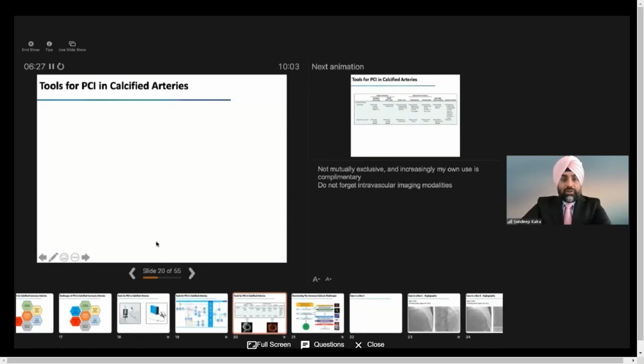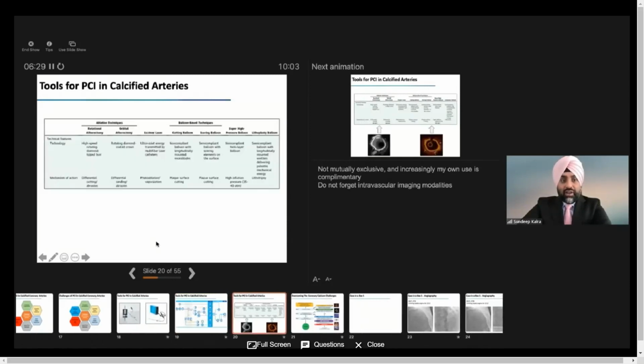So if we just come back to the tools currently available to us, I'm just going to concentrate on the right-hand side first, and what we would normally reach for are some of the balloon-based techniques. So beyond a semi-compliant and a non-compliant balloon, we have cutting balloons, scoring balloons, high-pressure balloons, and now lithoplasty balloons available to us. There are ablation techniques, so we have rotational atherectomy, we have orbital atherectomy, something that in the UK we do not use at all, so it's something I have almost zero experience with.